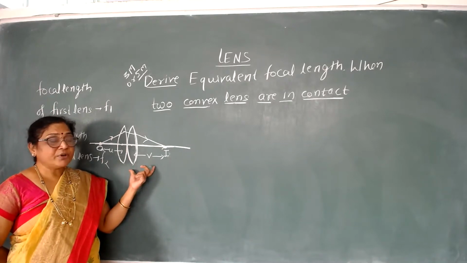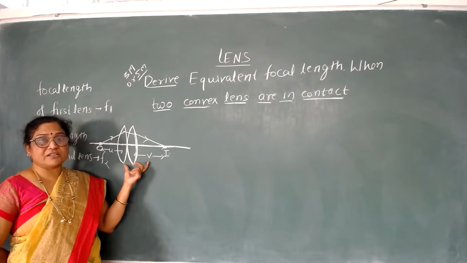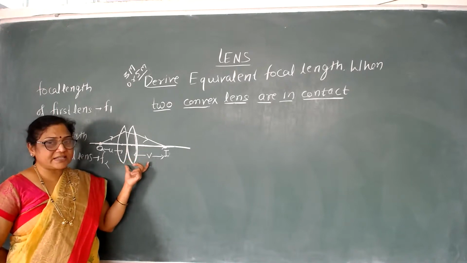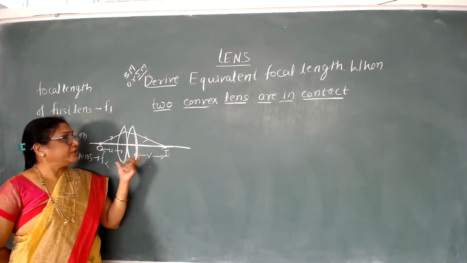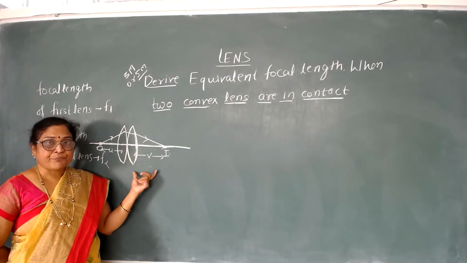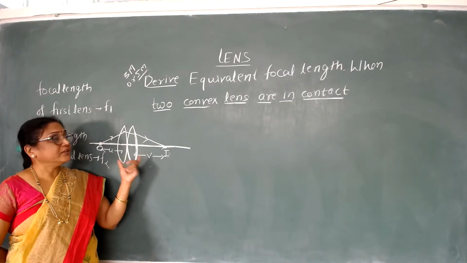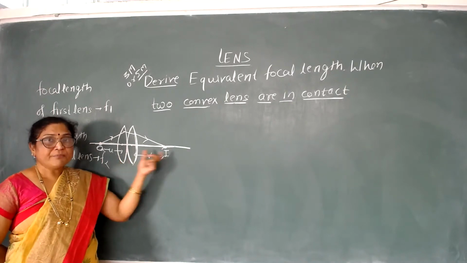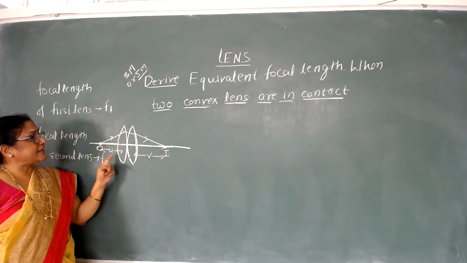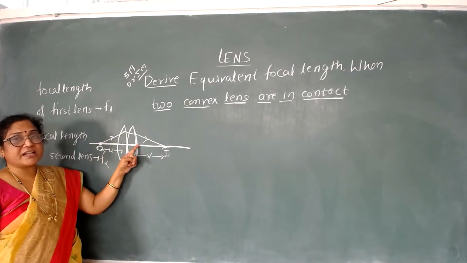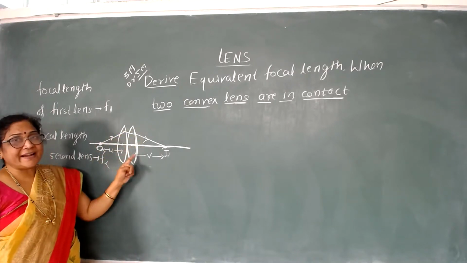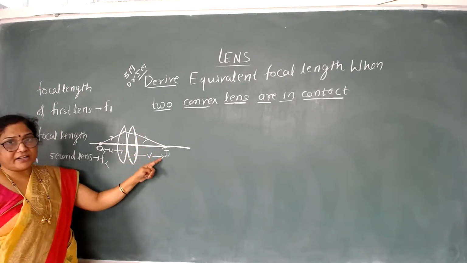In the same way, we derive this expression also by using two separate lenses. Here also there are two refractions, and due to the two refractions the final image is formed. First the refraction takes place due to the first lens, and again the refraction takes place by the second lens, and we have got the final image.